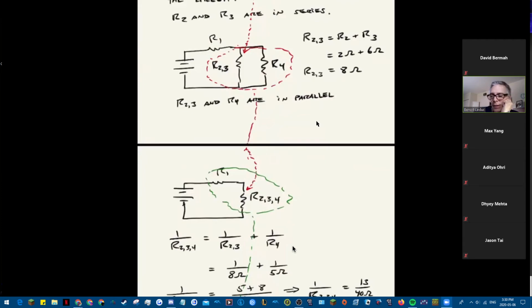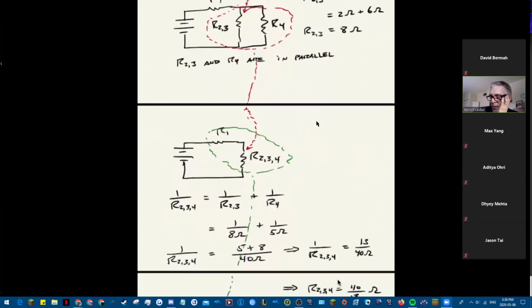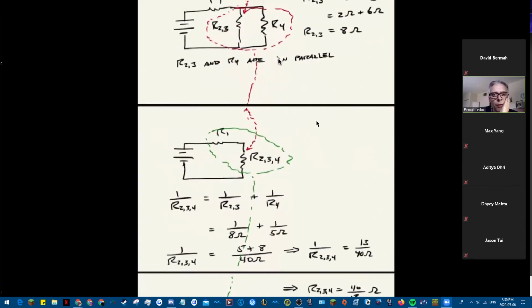Then you find the common denominator, which is 40. Is it lowest? 5 times 2 to the 3. Yeah, it's lowest. Then you do your math. All right, so it gives you 13 over 40. And that gives you 40 over 13. So you replace these two with 1.